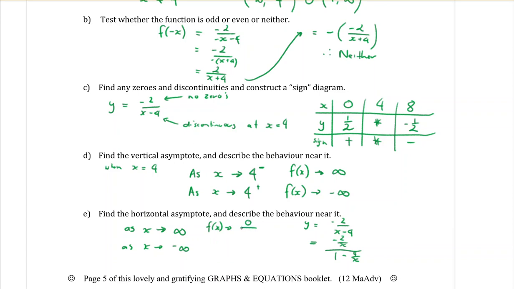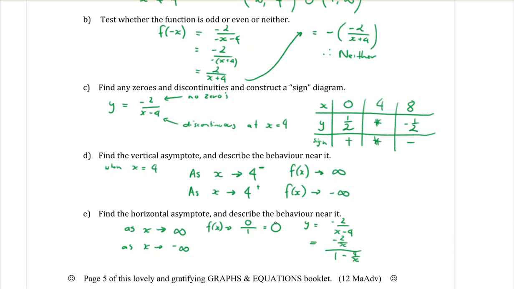On the bottom, this fraction here is also going to be approaching 0. So I really just have a 1 on the bottom, correct? Okay, so it's 0 over 1, and as long as there's not a 0 on the bottom, then 0 divided by anything means that that's going to be approaching 0.